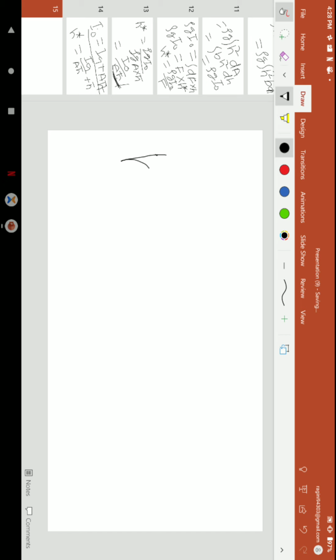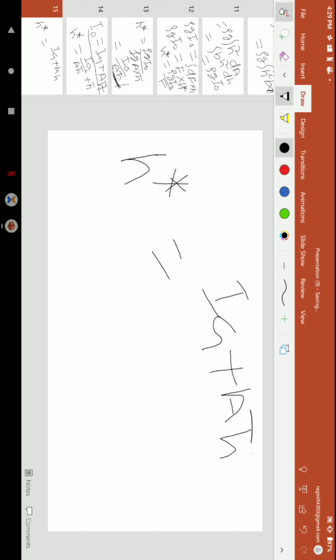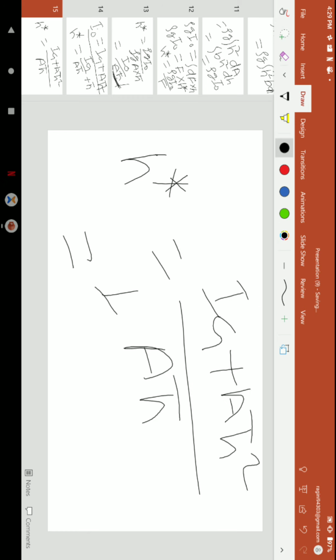I have to explain it. h star must be equal to I naught; in the place of I naught, we write Ig plus A h bar square divided by A into h bar. So we can write like this.